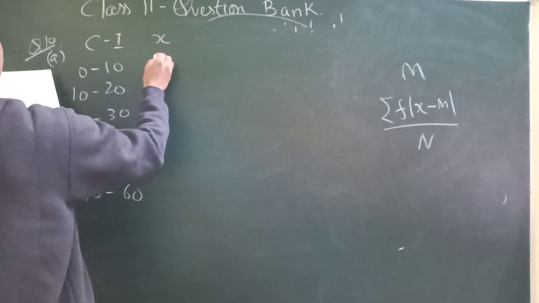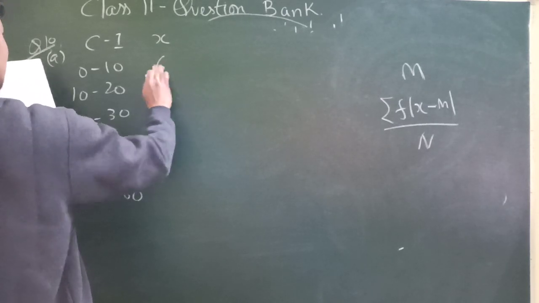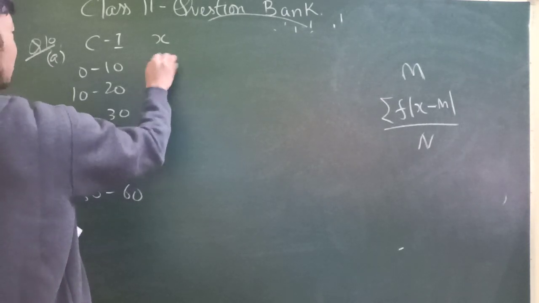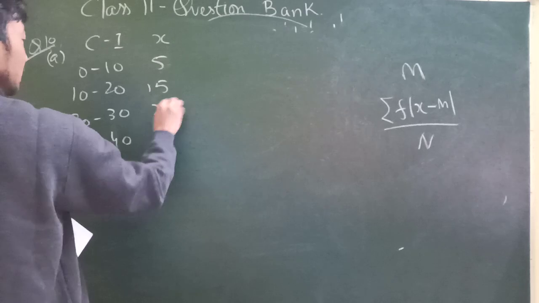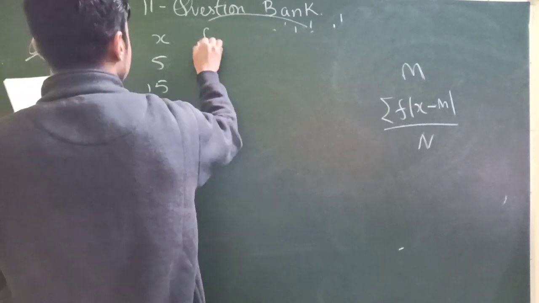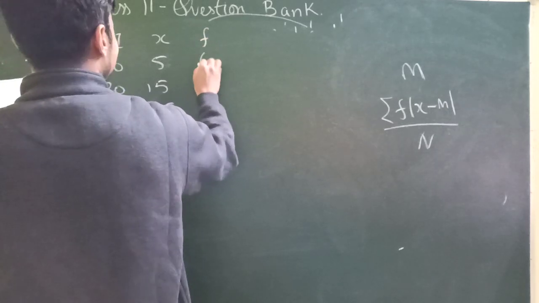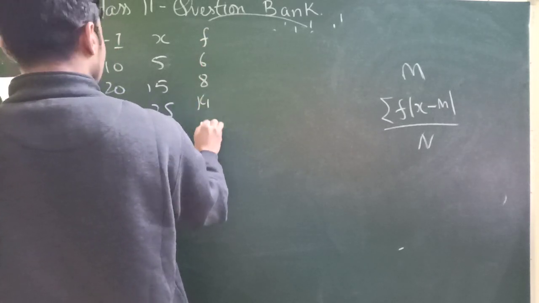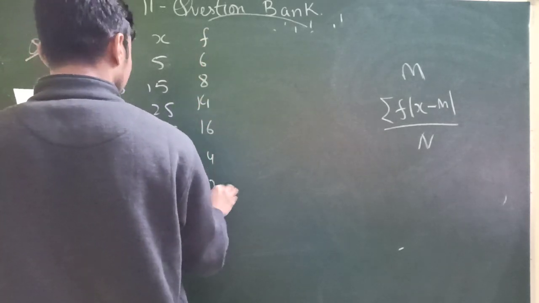The middle values are 5, 15, 25, 35, 45, 55. The frequencies given to us are 6, 8, 14, 16, 4, 2.